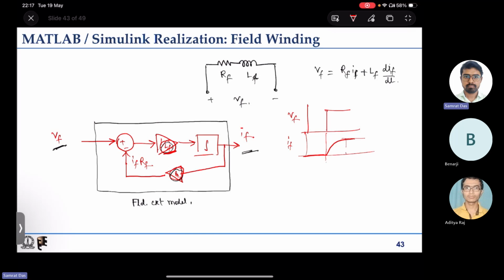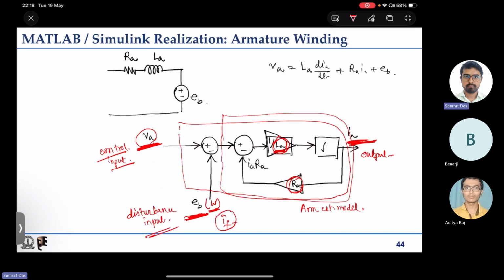So it will take about 5 time constants, 5 tau f, where tau f is the time constant of this field circuit. Similarly for the armature circuit, if we neglect the induced EMF and change Va from some value to another, Ia will reach the next steady state value again in about 5 time constants. That is the dynamics of this armature circuit.